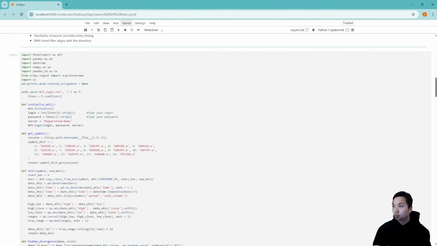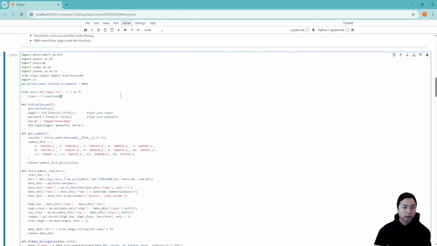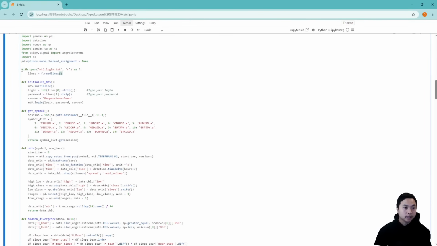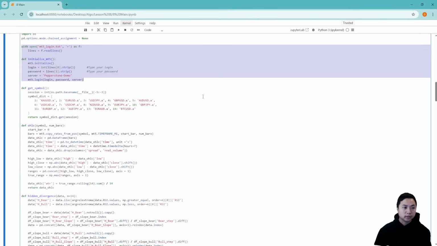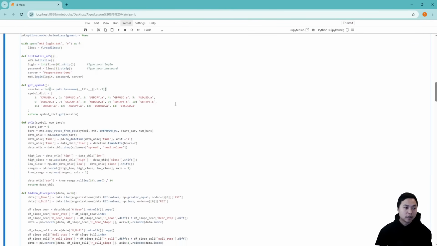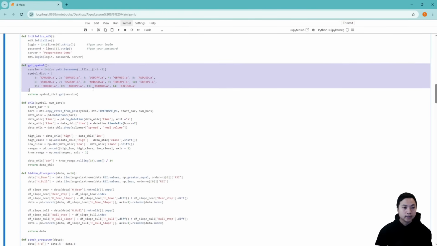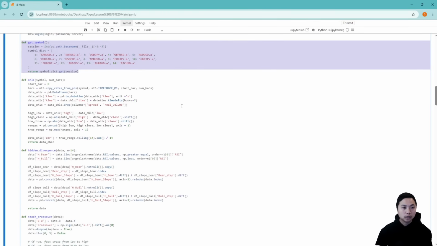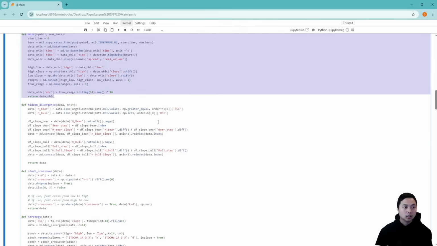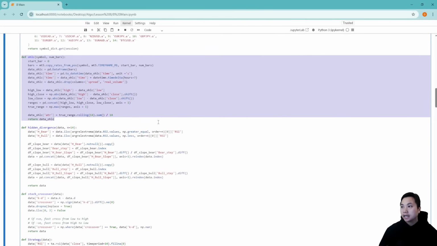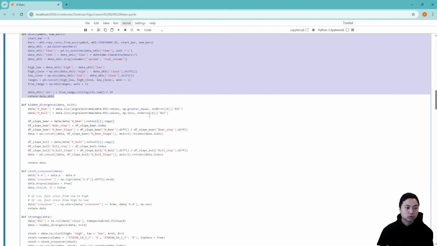So far, what we've done is that we import all the essential libraries, and then we use the initialize MT5 function to connect the platform to the MT5 terminal, and then execute the trade, and then we have an optional function that helps us to get the symbols based on file names, and then we have the OHLC function that helps us to capture the recent data in order for us to do the strategy.